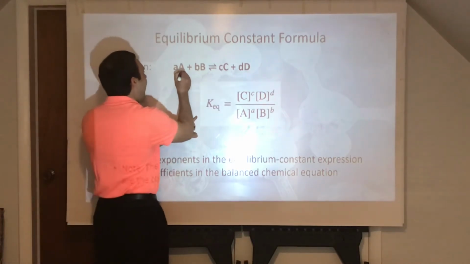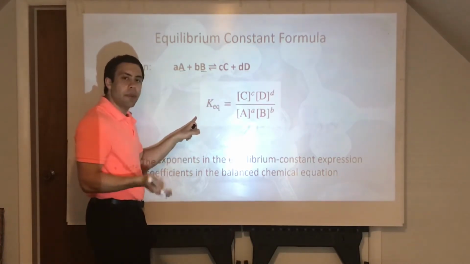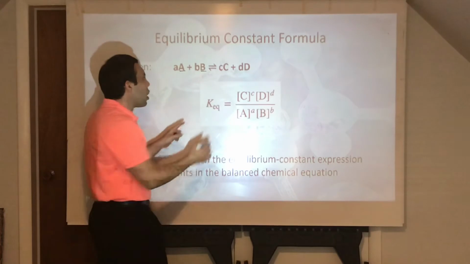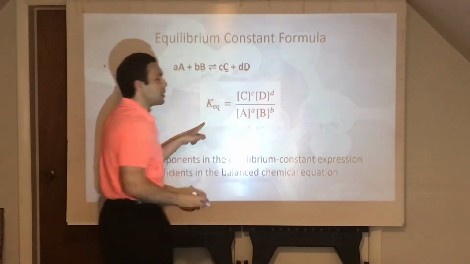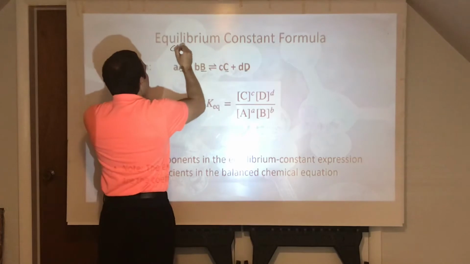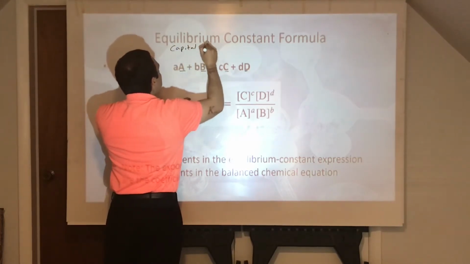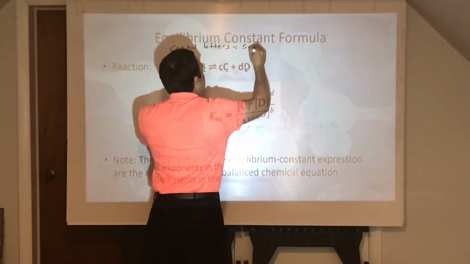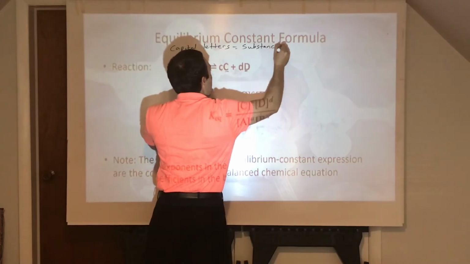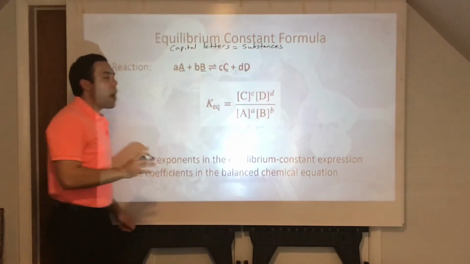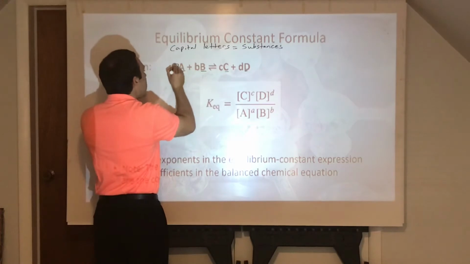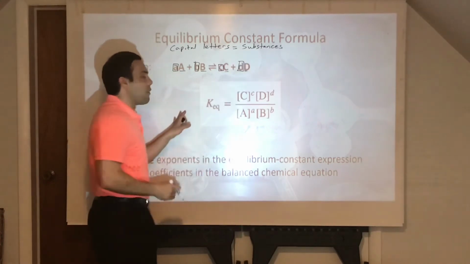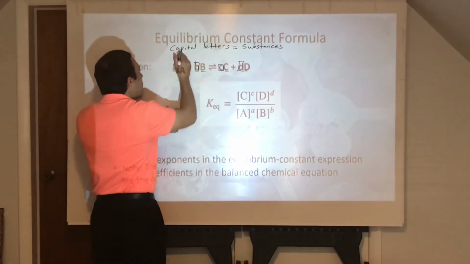We have capital A plus capital B goes to double arrows, so we know we're at equilibrium, capital C plus capital D. The capital letters represent the substances, whereas the lowercase letters, lowercase a, lowercase b, lowercase c, and lowercase d, in front of the substances, represent the coefficients.